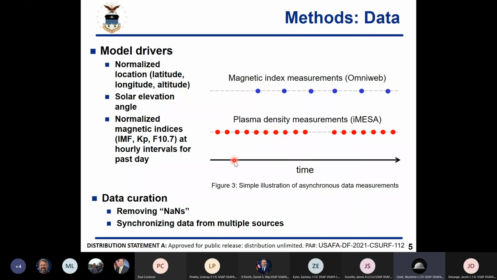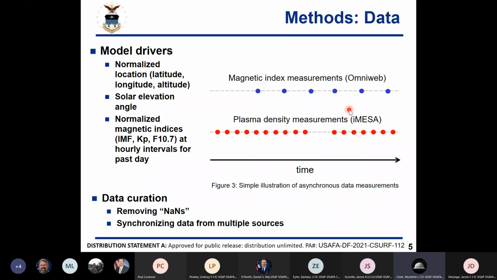And then in order to synchronize the data from multiple sources, those multiple sources were the IMESA instrument data set itself, and then also these magnetic index measurements that I talked about a minute ago. We got those from an online database called OmniWeb. So to synchronize them, we had to do some interpolation in order to get the magnetic indices at the times that we wanted.